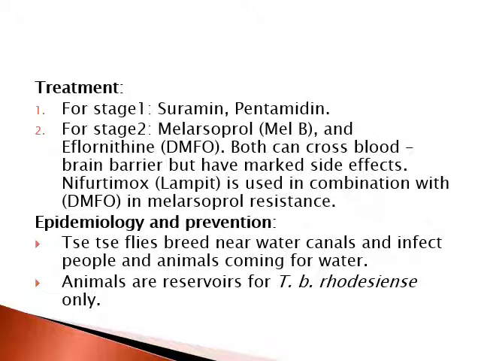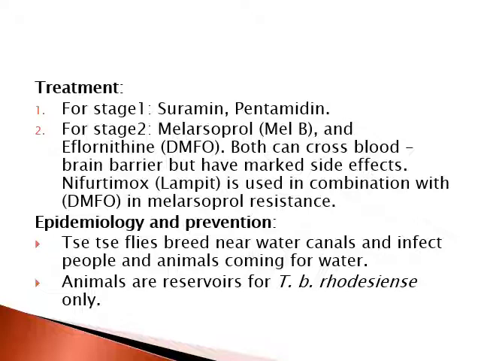Treatment for stage 1 without invasion of the brain: we can give suramin or pentamidine. For stage 2, which has cerebrospinal invasion, we use melarsoprol or Mel B, and eflornithine or DFMO.